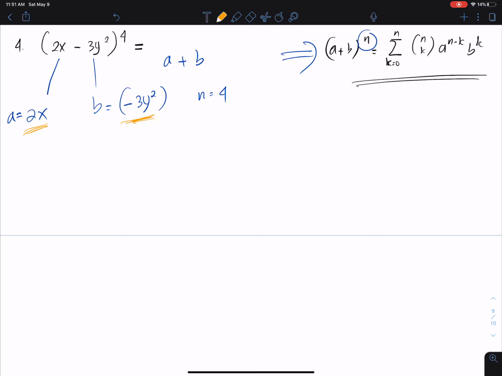According to the binomial theorem formula, you can easily do it this way.